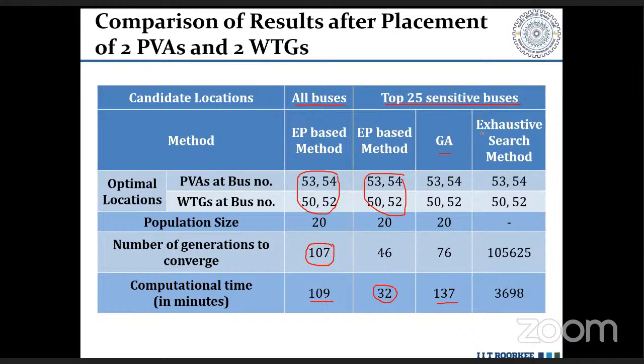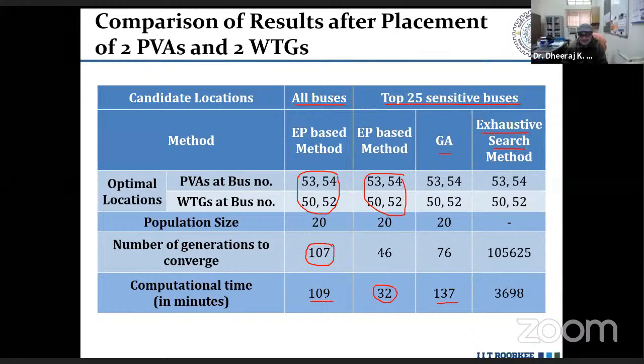And we also performed an exhaustive search method, meaning considering all possible combinations. This is the number of possible combinations we actually computed, and it takes about 3700 minutes.